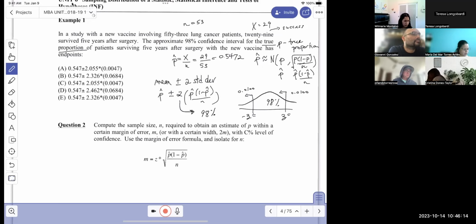Okay, where are you guys looking? You have to look up 1% inside the table to get the z backwards.